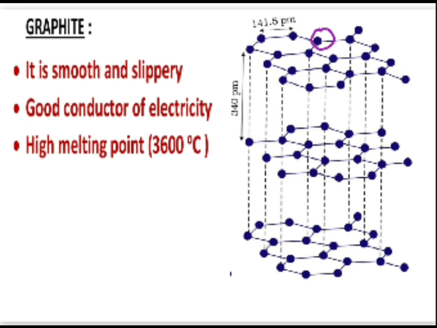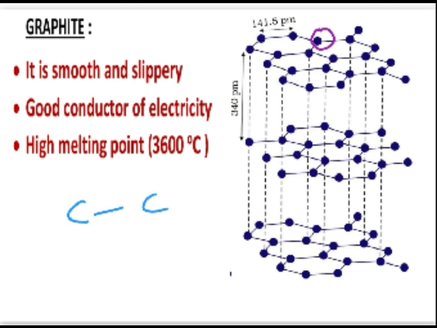Now, if you consider the valency of carbon, we know carbon is tetravalent. However, only 3 electrons are being utilized in the bond formation. So there is an extra electron available at each carbon atom, which satisfies the valency of carbon, because of which there is a double bond formation taking place between carbon and carbon.